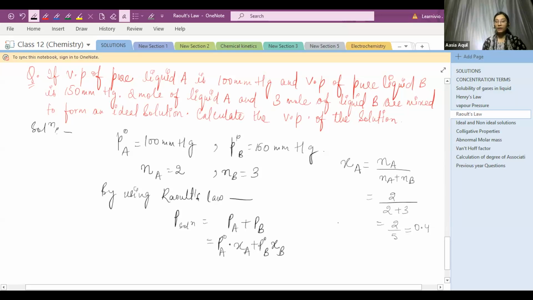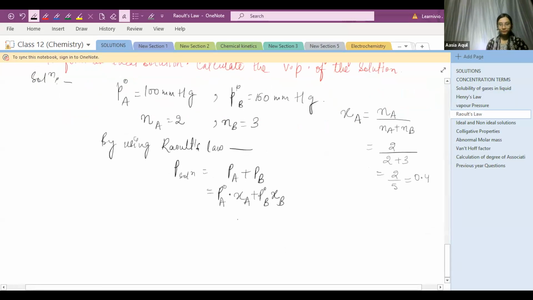Now, similarly, just calculate the mole fraction of B, Jovita. Just calculate the mole fraction of B and tell me the answer. Done?